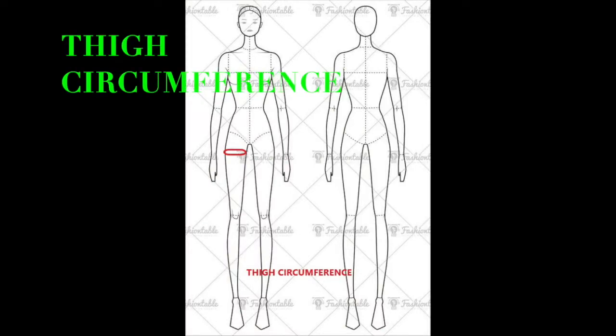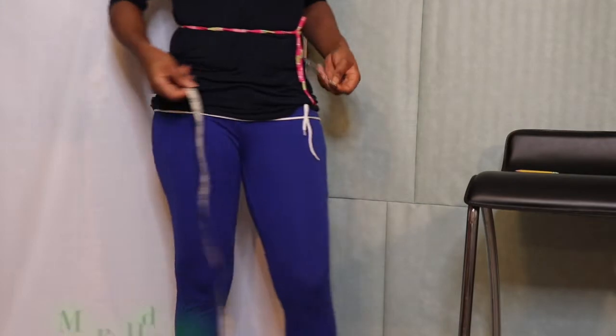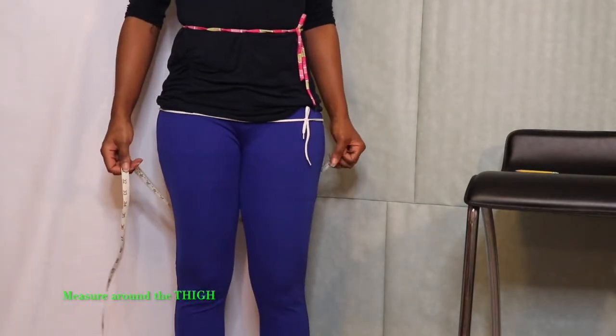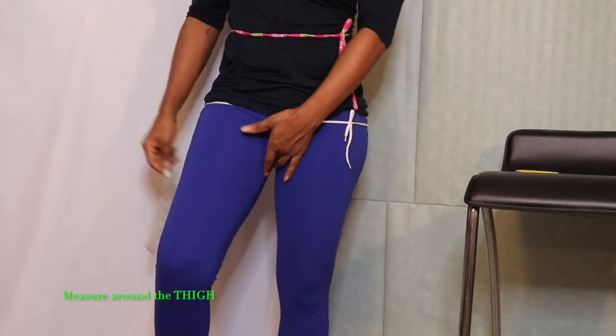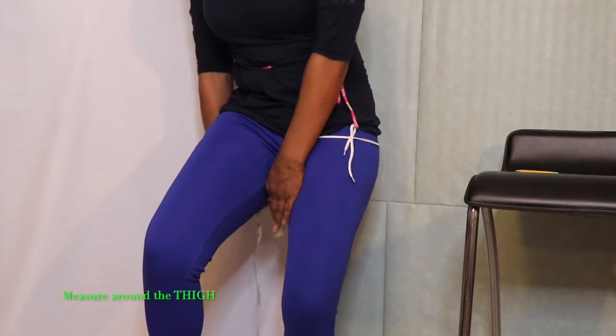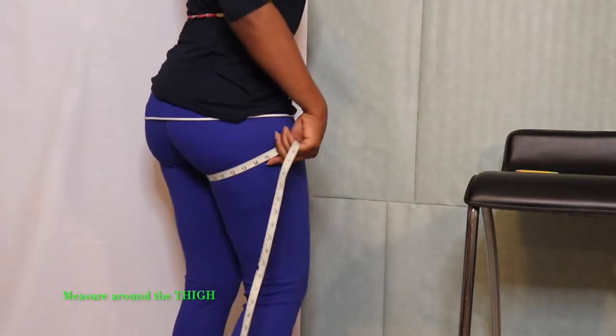Next measurement is the thigh circumference. Measure around the thigh, which is below your butt cheek. If your thigh is bigger at some other point on your thigh area, then use that as your thigh measurement.